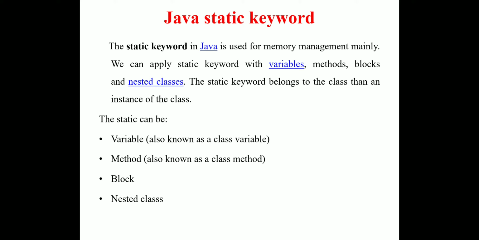The static keyword is used for memory management, and it is used with variables, methods, blocks and nested classes. Now we can see one by one how the static keyword interacts with the variables, methods, blocks and nested classes.